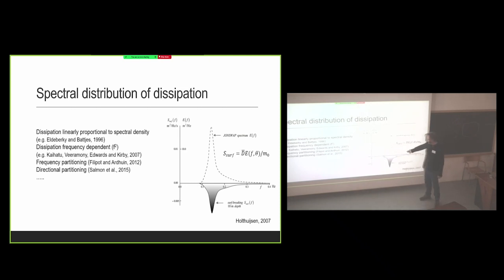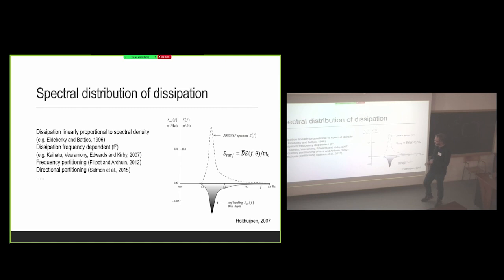So we have, this is from Leo Holthuijsen, his book, which I borrowed. So let's say the JONSWAP spectrum is the dashed line. That gives you an idea of the variance at that location. And the corresponding dissipation is linearly distributed over the spectrum.